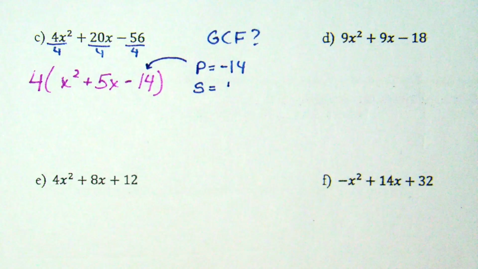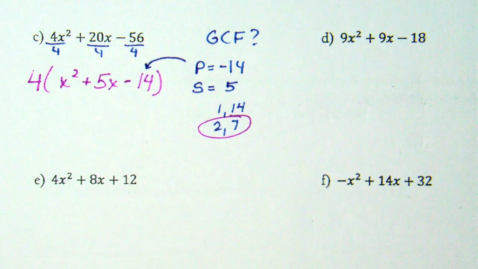So I need numbers that have a product, or multiply, to be negative 14 and a sum, or add, to be 5. What multiplies to be 14? 1 and 14. 2 and 7. Could one of these pairs work? Yeah. Negative 2 and 7.